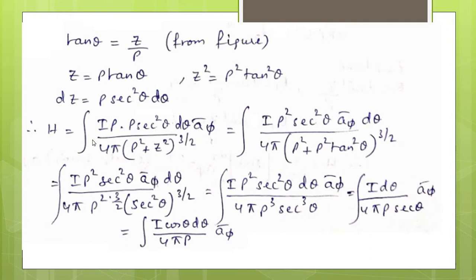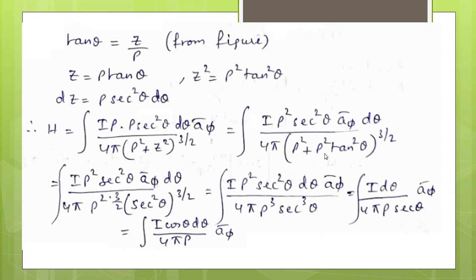Therefore H will be equal to I into rho secant square theta d theta into a phi divided by 4 pi into rho square plus z square whole power 3 by 2. Here we have rho and rho, so we get rho square secant square theta a phi into d theta divided by 4 pi into rho square. In place of z square we can write rho square tan square theta whole power 3 by 2.